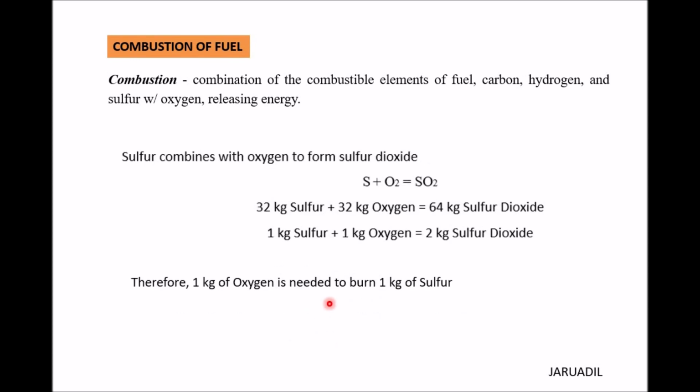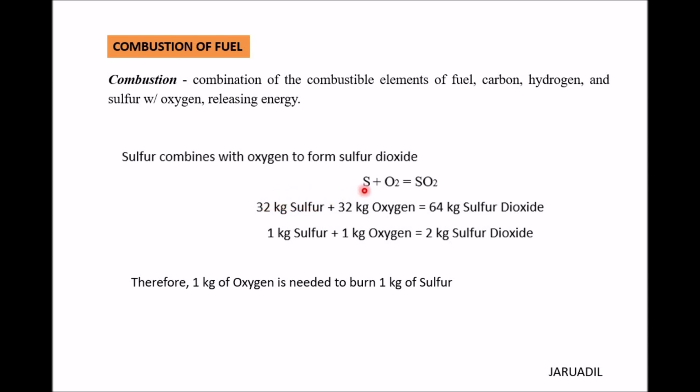Ito yan. So same thing will happen when we burn sulfur with oxygen. It forms sulfur dioxide. So sulfur plus oxygen, O2, is equal to sulfur dioxide. Ngayon kung makikita nyo to, balanse na siya agad. Kasi isang S, dalawang oxygen. So hindi mo nalalagyan dyan ng mga numerical coefficient. Kasi balanse na siya. Then you get the molecular weight of sulfur, that is 32 kilogram.